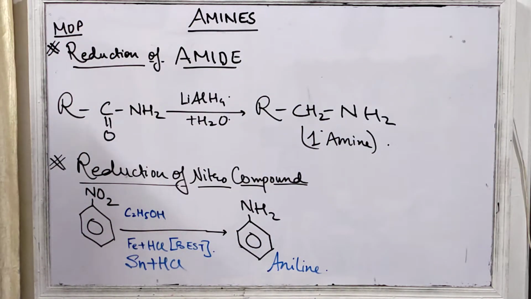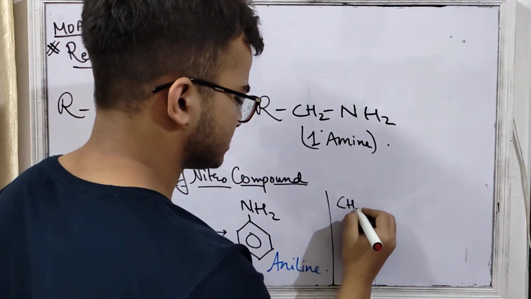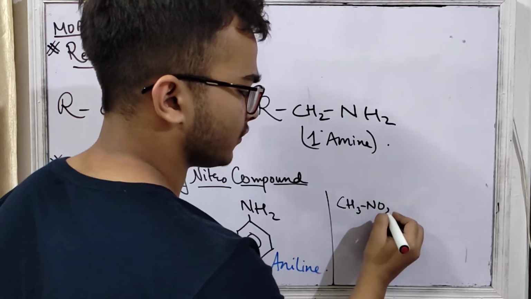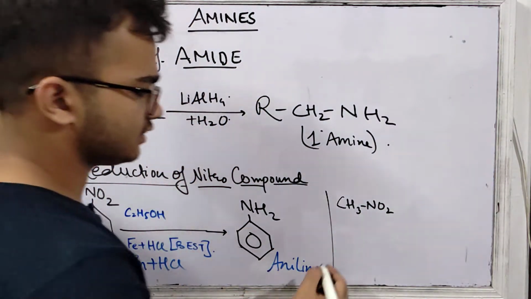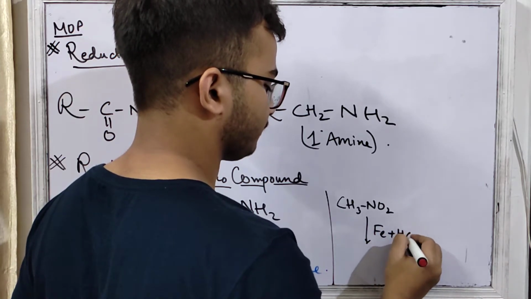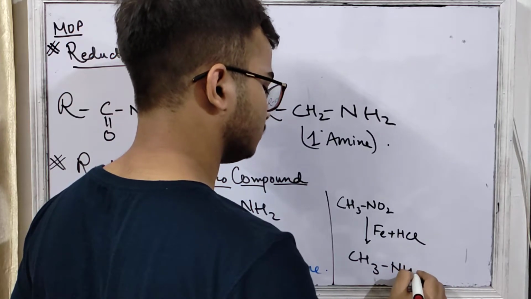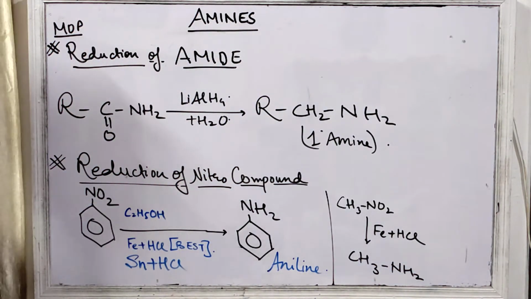Clear? Now, this was about benzene, but if you want to do it with CH3NO2, it is also possible. Since this is the best method, obviously I take Fe plus HCl. If you take that, you will get CH3NH2. Clear? So, copy it.